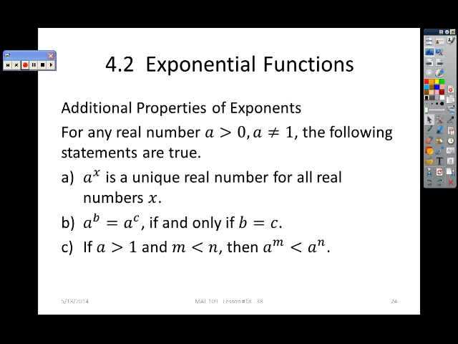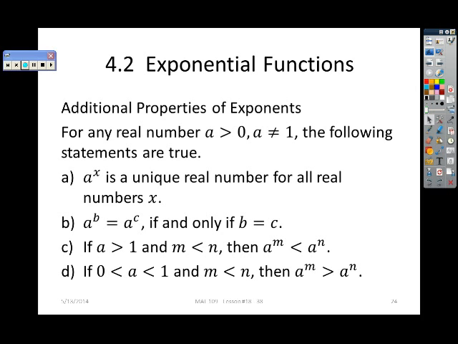Third thing, if a is greater than 1, now up here we were just saying it's greater than 0, but not 1. Now we're going to say if it's greater than 1, then a larger exponent gives you a larger result. 2 cubed is larger than 2 squared. Right? 2 squared is 4, 2 cubed is 8. So if a is greater than 1, then as you increase the exponent, you make the number bigger.